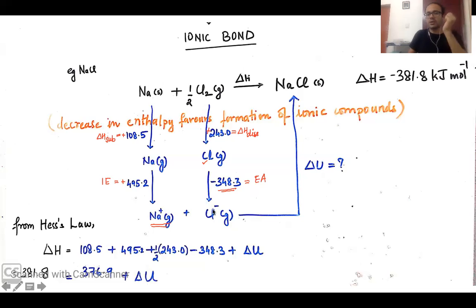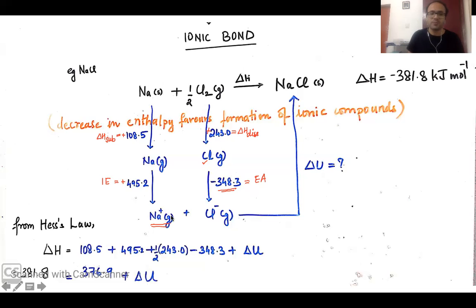What you see here is that to go from sodium to sodium positive, it is all an endothermic process. Coming to chlorine in its gaseous state to chlorine negative in its gaseous state, it has a negative value of the energy.